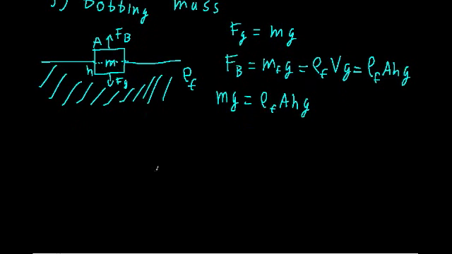Now let's see what happens if we displace it away from equilibrium. Let's push on the mass so it submerges down a little bit. So here's our mass now. Let's define the water level right here as y equal to 0.